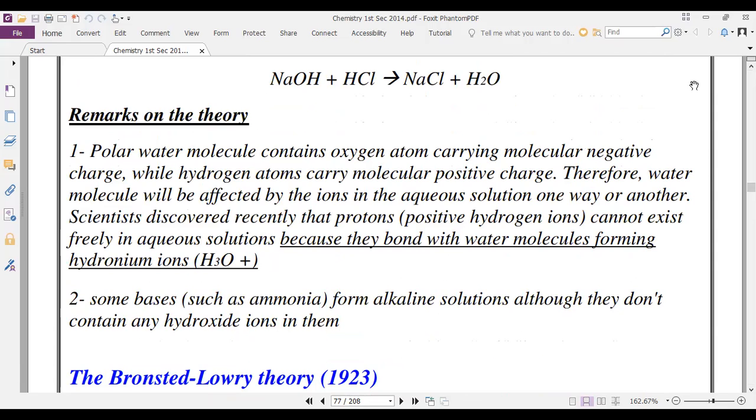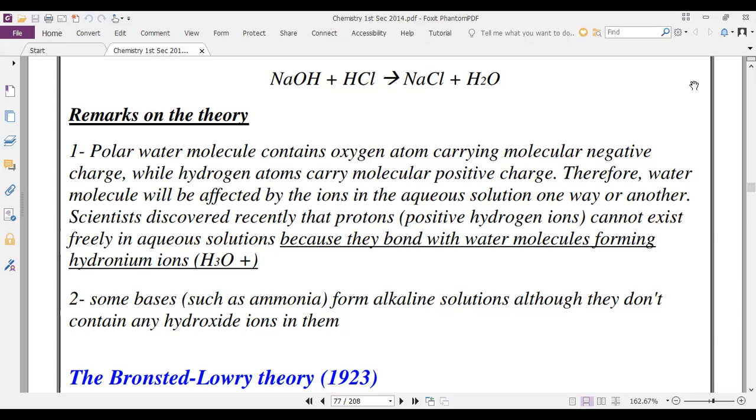Therefore, the water molecule will be affected by the ions in the aqueous solution one way or another. Scientists discovered recently that protons, positive hydrogen ions, cannot exist freely in aqueous solutions because they bond with water molecules forming hydronium ions.